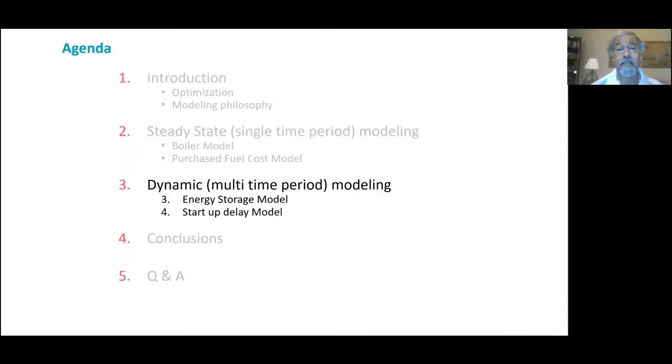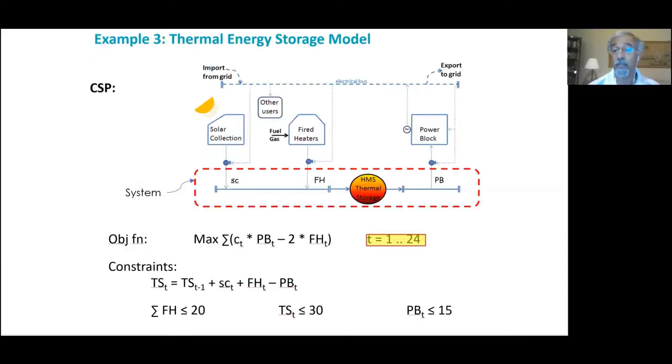So next, so far, this is all a single time period model. Time was not a consideration. There are situations where time becomes important, such as when you have inventory, and we're going to consider one case here where energy is being stored. And this happens in CSP, concentrating solar plants.